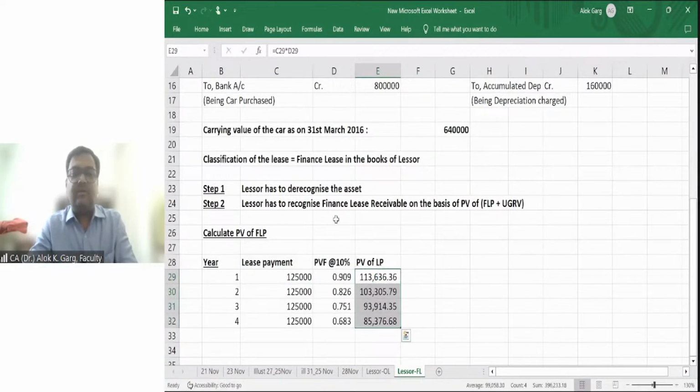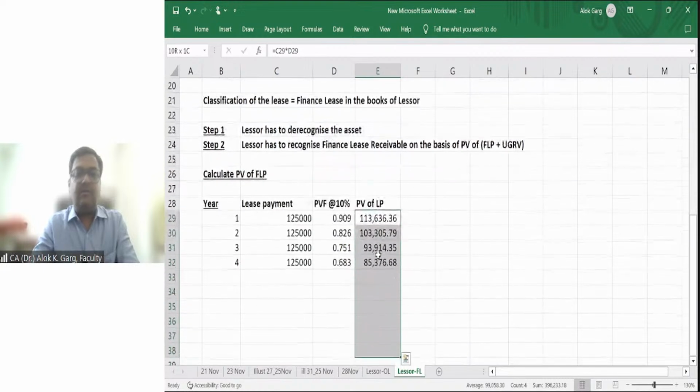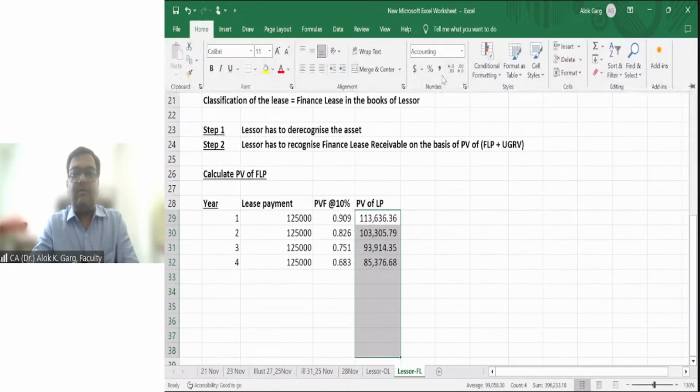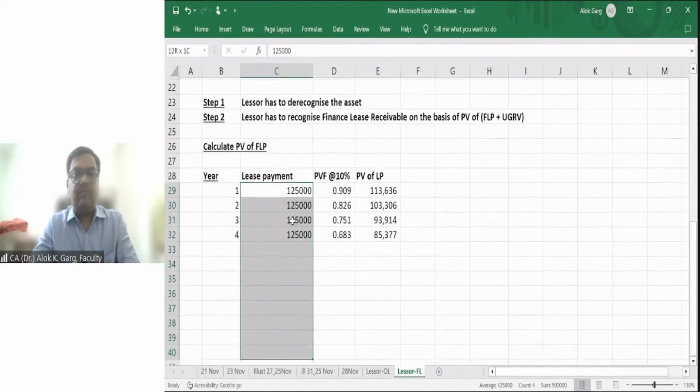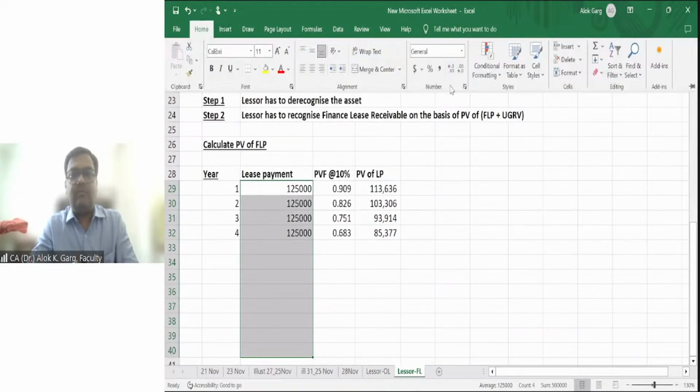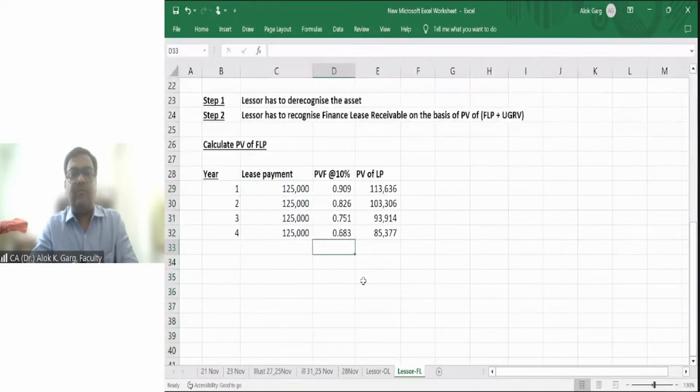This is 396,233, right? The total payment is 5 lakh, but the present value of lease payment is 396,233.